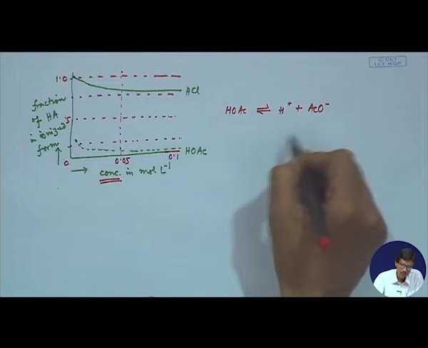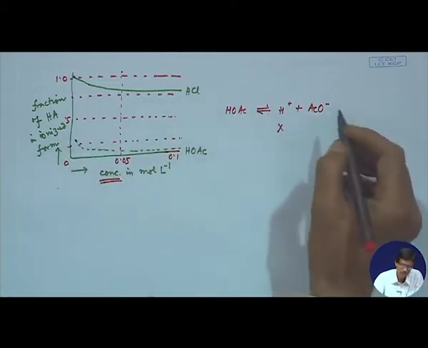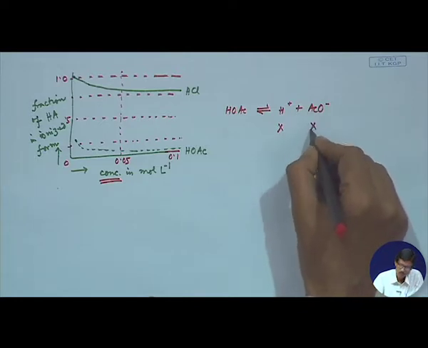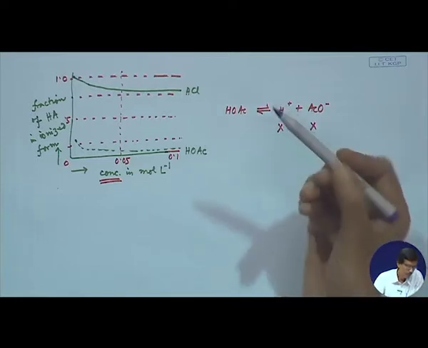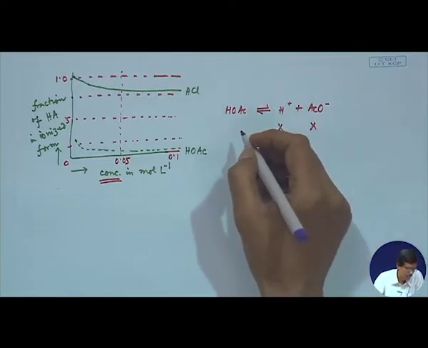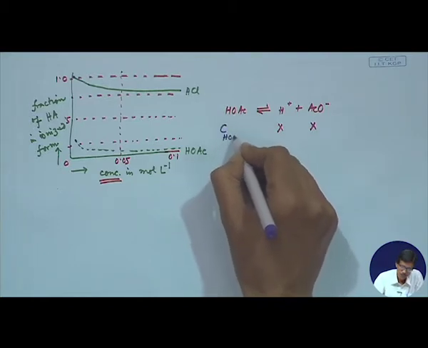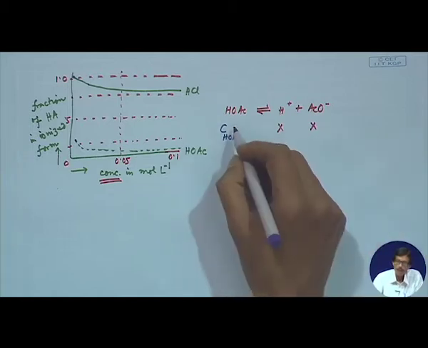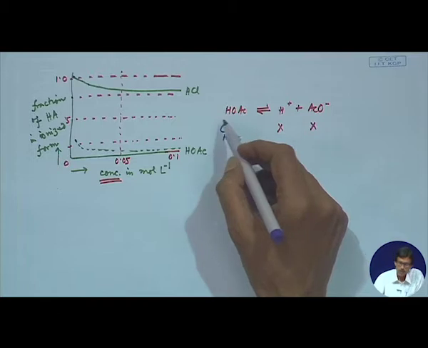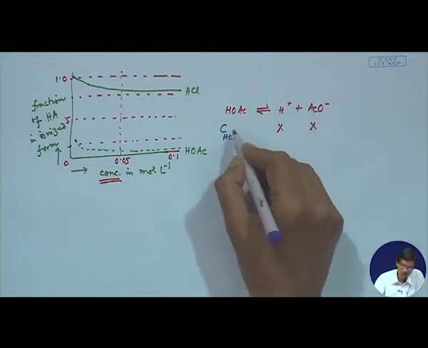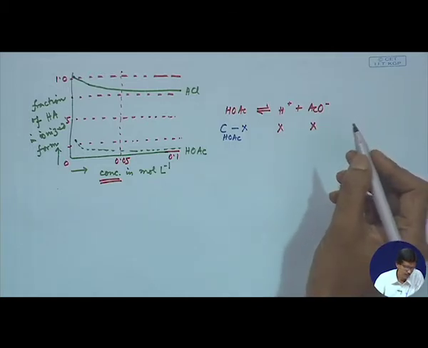If the fraction of dissociation is x, then x H plus and x acetate ion are formed. If the original analytical concentration of acetic acid is C of HOAc, the concentration present before dissociation, then after dissociation it is C minus x.